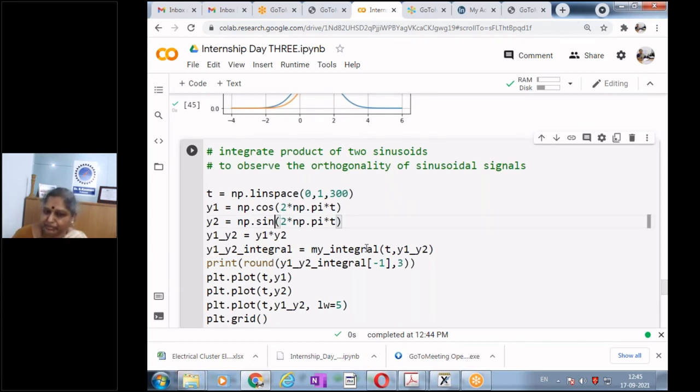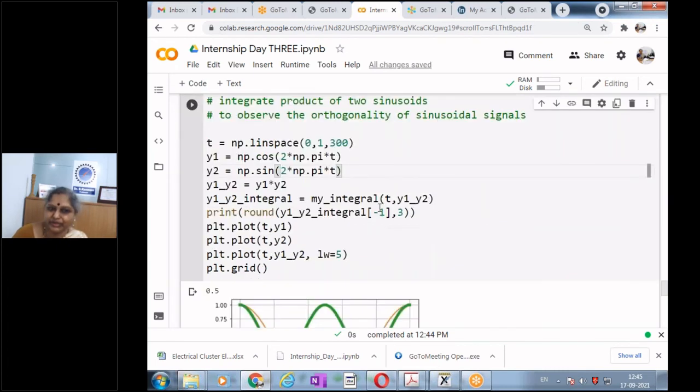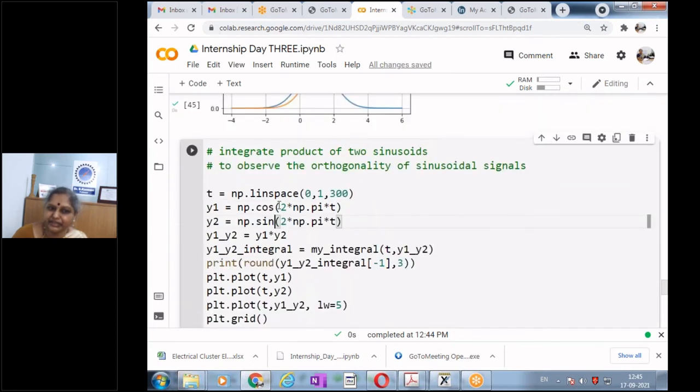I'm finding the product, and then after multiplying I'm integrating it, and I'm plotting the result as well as trying to compute the final value of the integration. Let me run it. Sine and cos, I run, and I want you to explain the result. Let us say I run it.